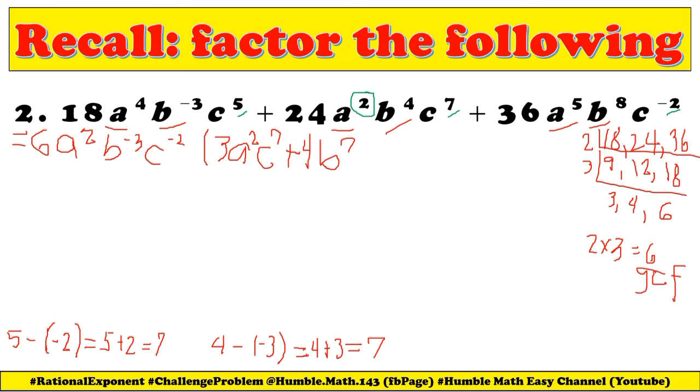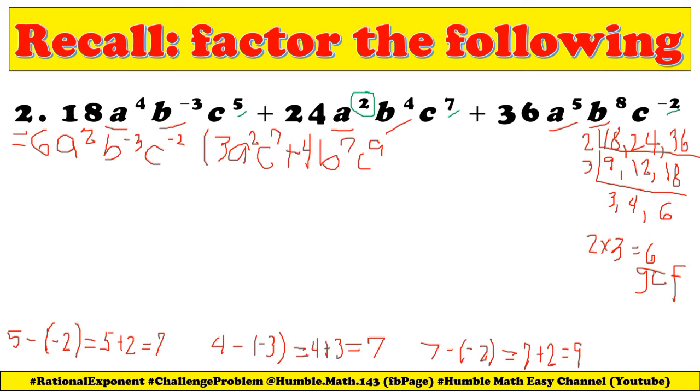And for c, c to the 7 divided by c to the negative 2, so 7 minus negative 2, and we have 7 plus 2, which is equivalent to 9. So c is now c to the 9.